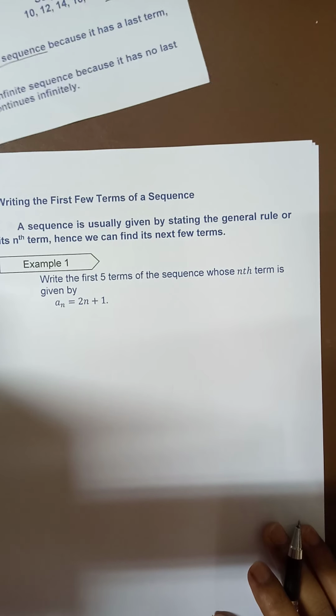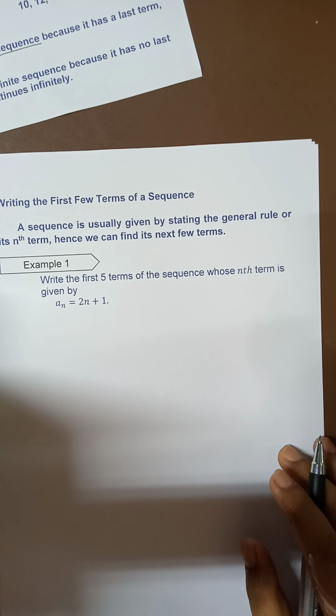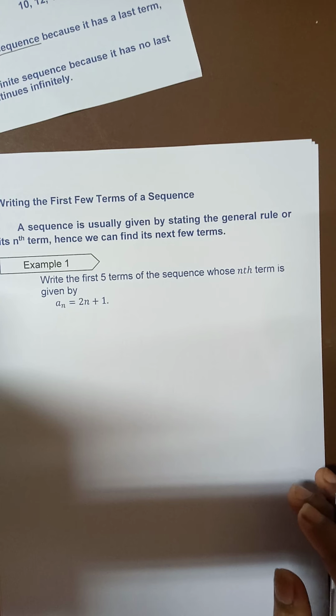Okay, so let's go back to our example number 1. Write the first 5 terms of the sequence whose nth term is given by a sub n equals 2n plus 1.